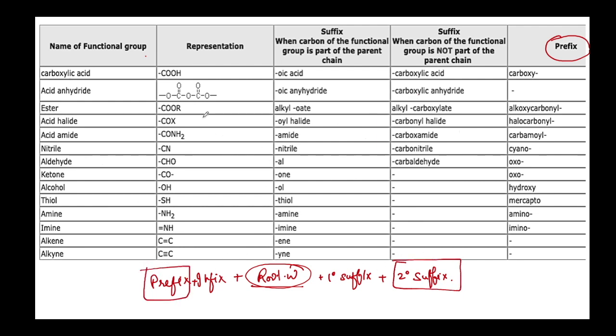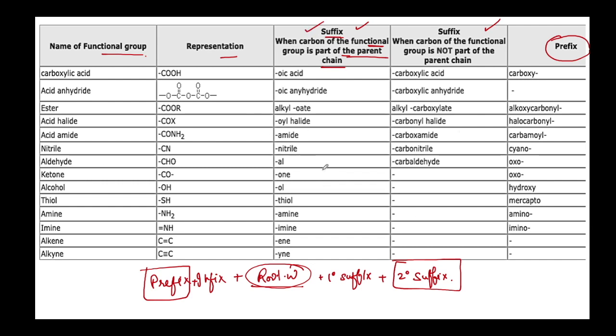Okay, let's see. Name of the functional group, representation, that is how they are looking like, and there are two criteria. It is a suffix when the carbon of the functional group is part of the parent chain. So if any of these functional groups is part of the parent chain, then it will be taken as a suffix.